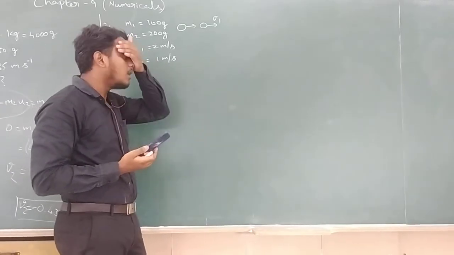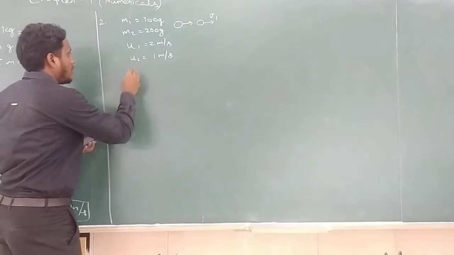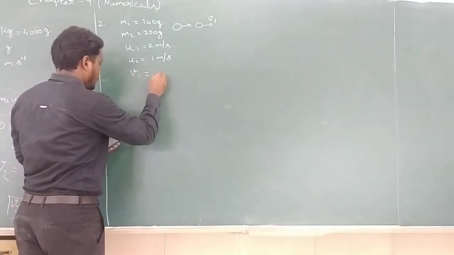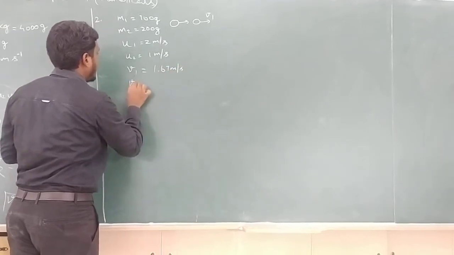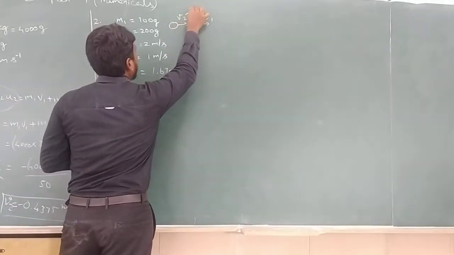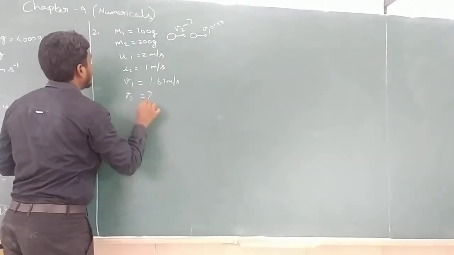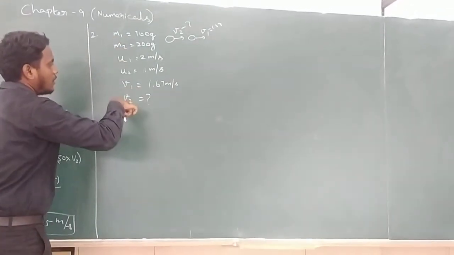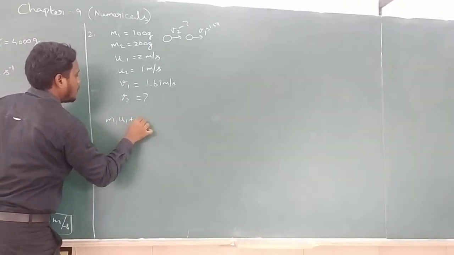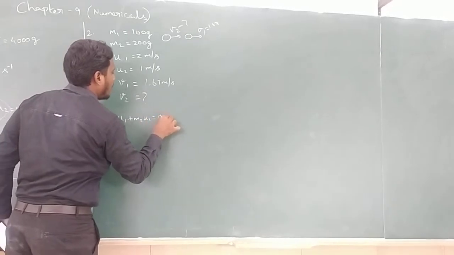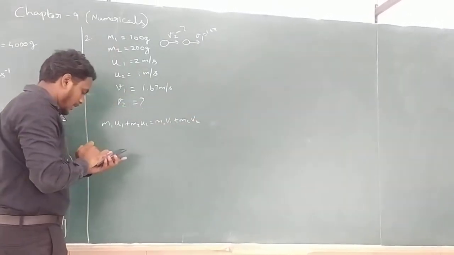After collision, we take it as the final velocity. So after collision, the velocity of the first object v1 is equal to 1.67 meter per second. They have asked us the velocity of the second object. Simple one, everything is given. From the law of conservation of momentum, m1 u1 plus m2 u2 equal to m1 v1 plus m2 v2.